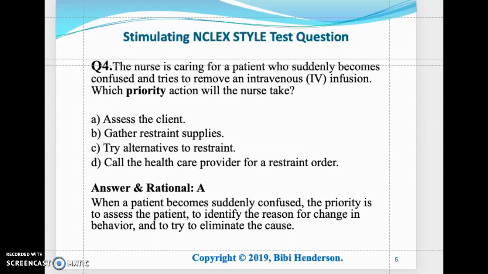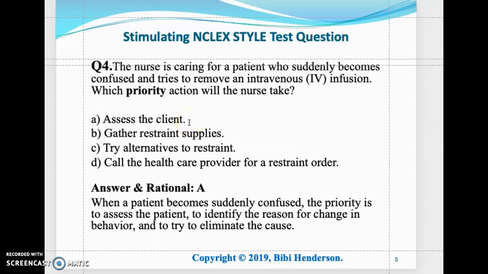Question 4 states the nurse is caring for a patient who suddenly becomes confused and tries to remove the intravenous IV infusion. Which priority action will the nurse take? The correct answer here is assess the client.